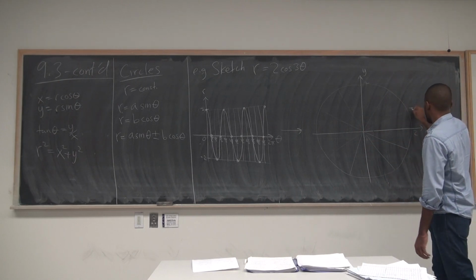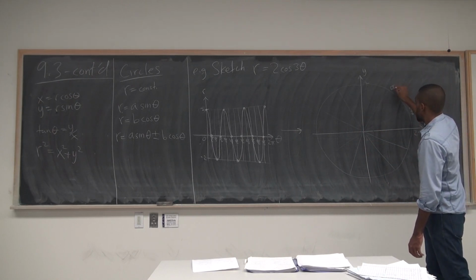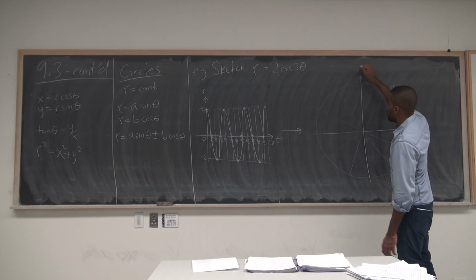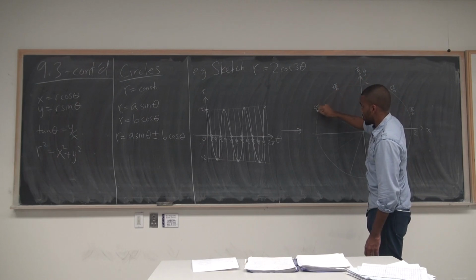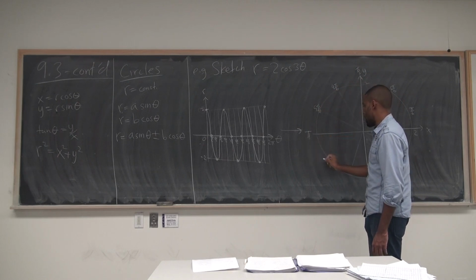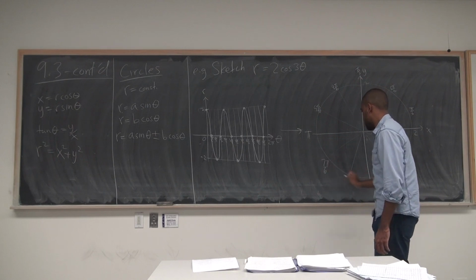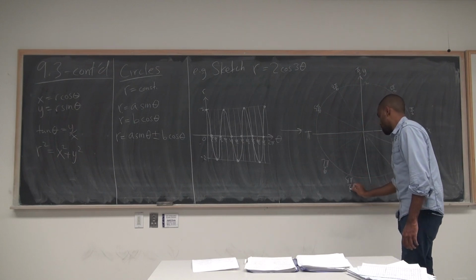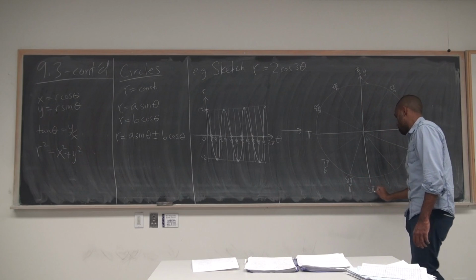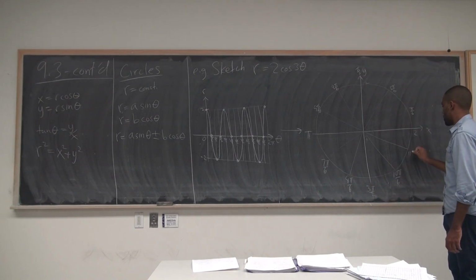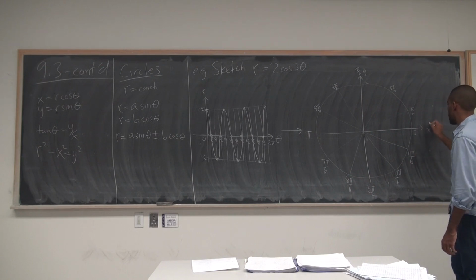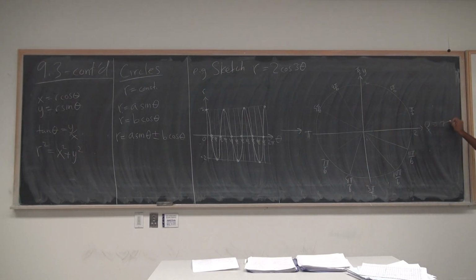And so here's my pi over 6, 2 pi over 6, 3 pi over 6, which is pi over 2, 4 pi over 6, 5 pi over 6, 6 pi over 6, which is pi, 7 pi over 6, 8 pi over 6, 9 pi over 6, which is 3 pi over 2, 10 pi over 6, 11 pi over 6. And this is 0, which is equivalent to 2 pi.